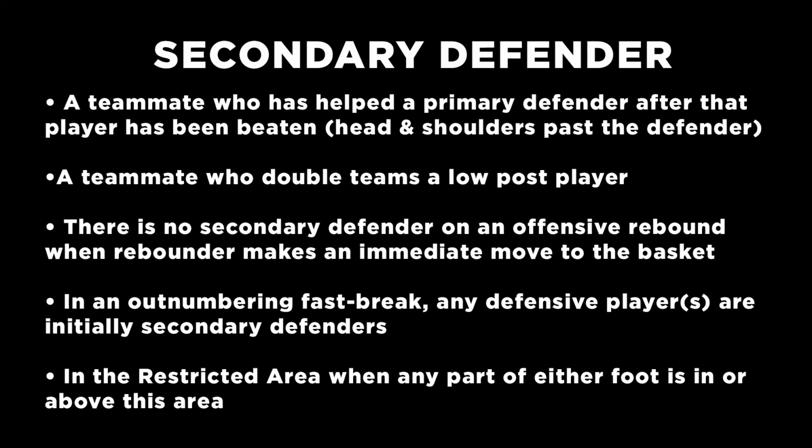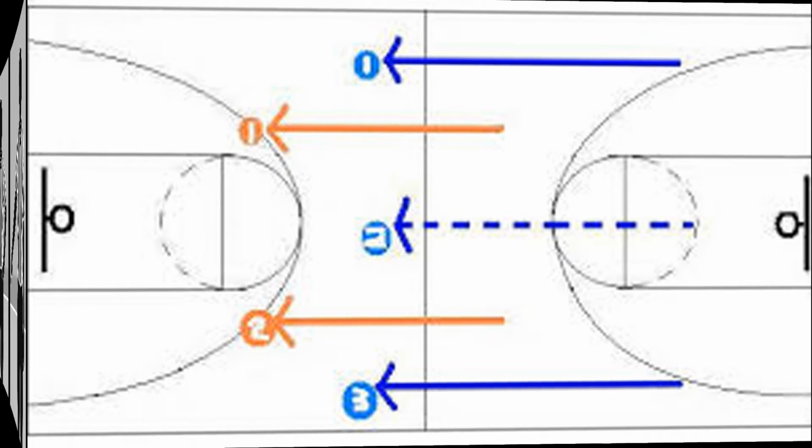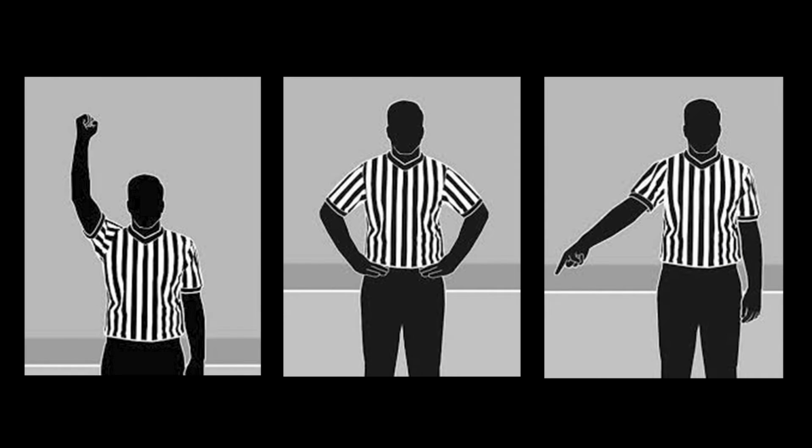After an offensive rebound, there are no secondary defenders when the rebounder makes an immediate move to the basket. In an outnumbered fast break situation, any defensive player or players initially shall be a secondary defender. It is encouraged and recommended that the trail and center provide help, if necessary, on such plays.